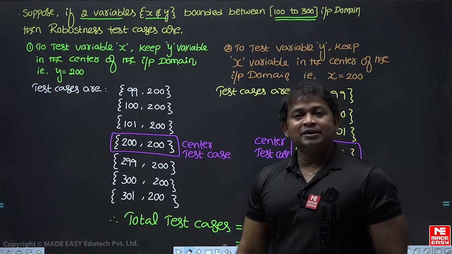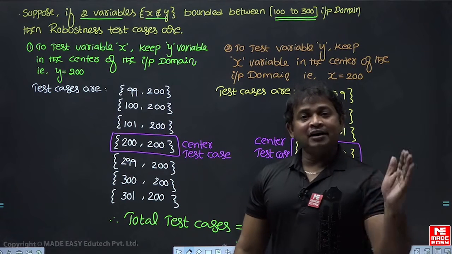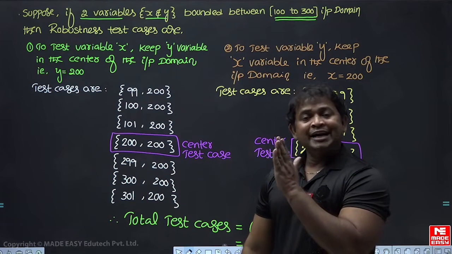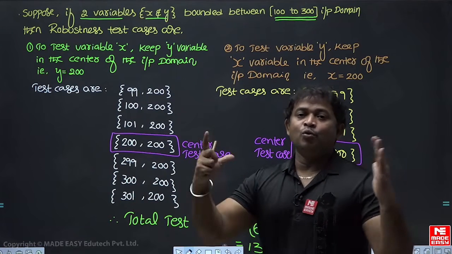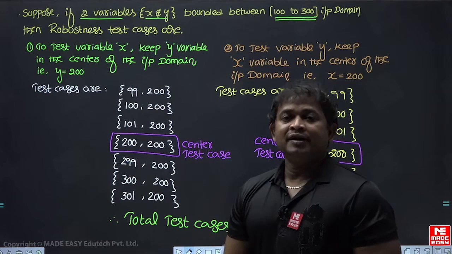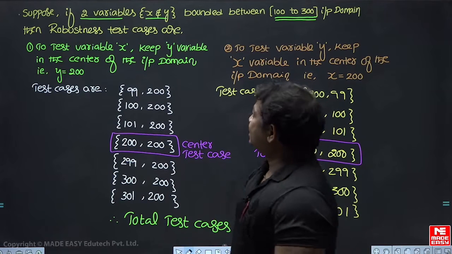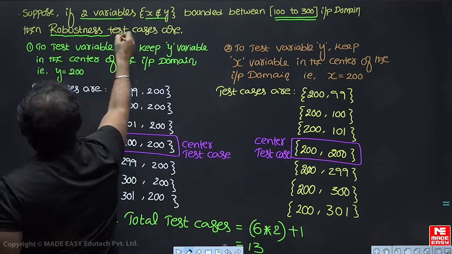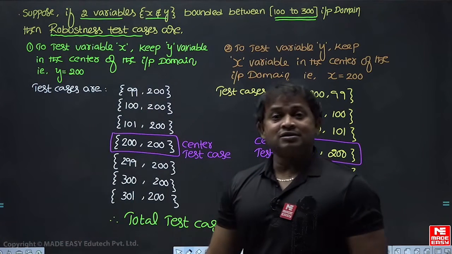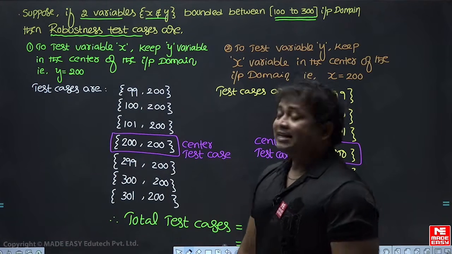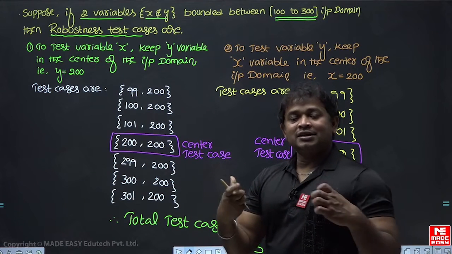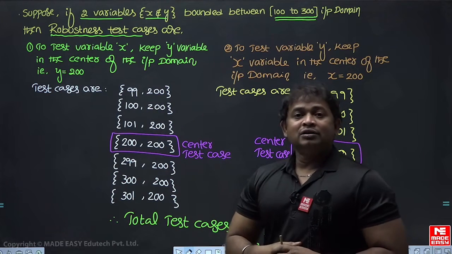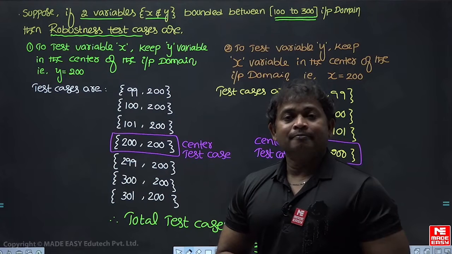So they accept data between 100 to 300: 100, 101, 102 and so on up to 300. This is the boundary of the variables' input data. Now we are conducting robustness testing. In robustness testing, for every variable, 7 test cases are required.